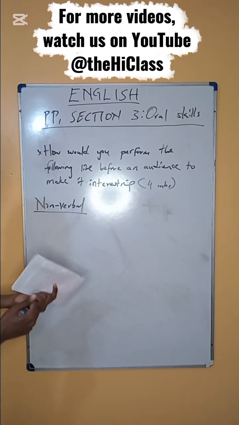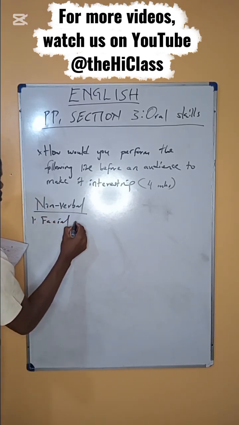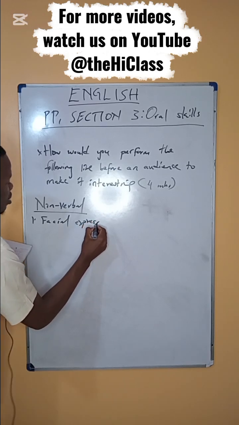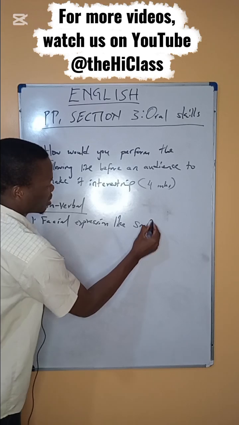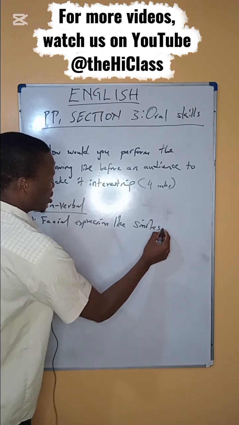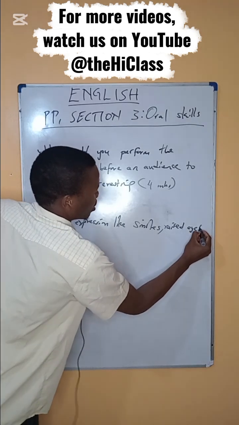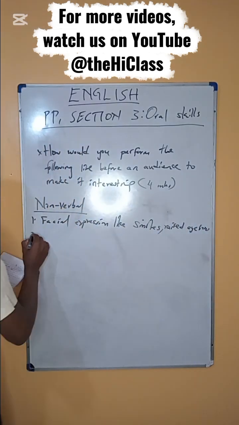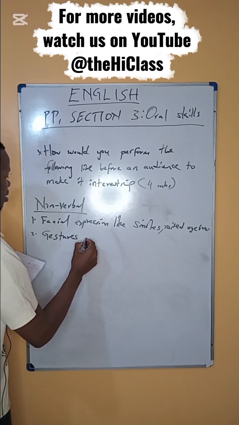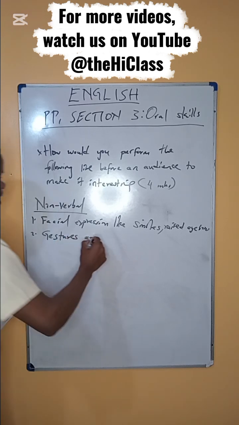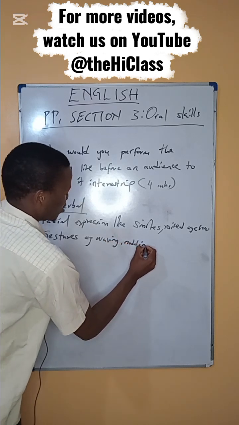Some of the examples include: number 1, we have facial expressions, like smiles and a raised eyebrow, among others. Number 2, we can talk about gestures, e.g. a gesture like waving, nodding, and many others.